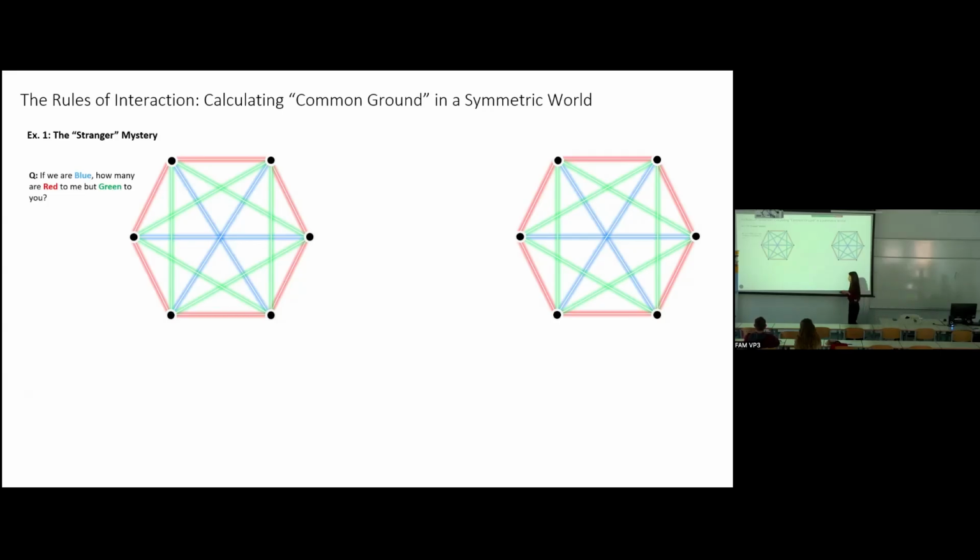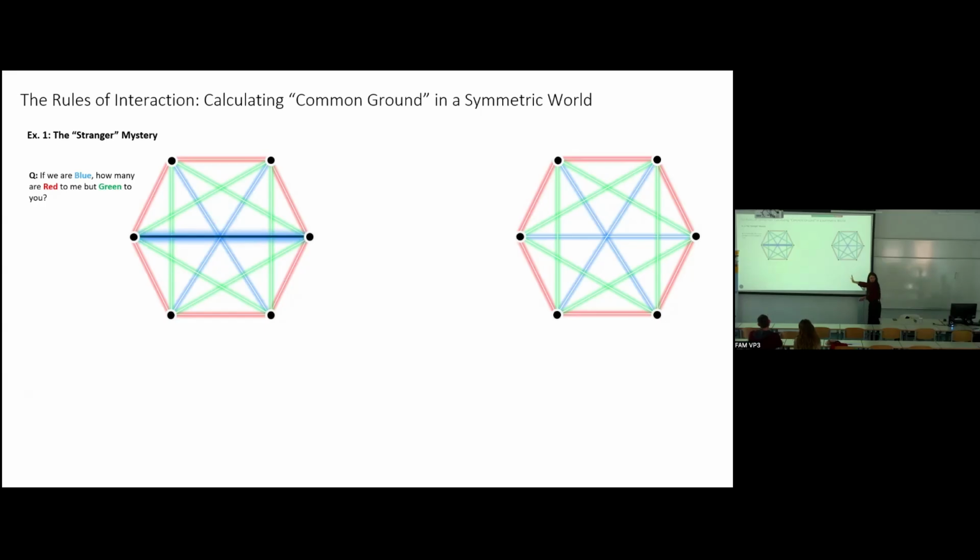One of the possible questions is just an example. If we are in a blue relation, that means we are strangers, an antipodal pair, let's say, on this table. At this table, how many are red to me and green to you? I can also ask the other way around or any other color. So actually, this is what I'm doing. Let's see. Okay.